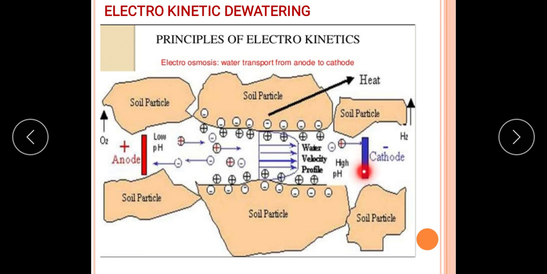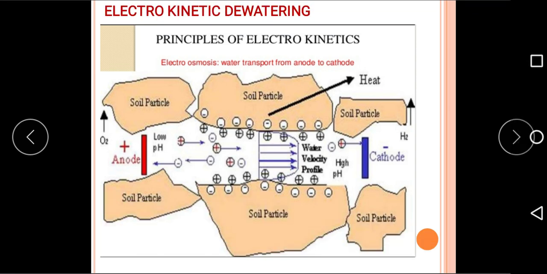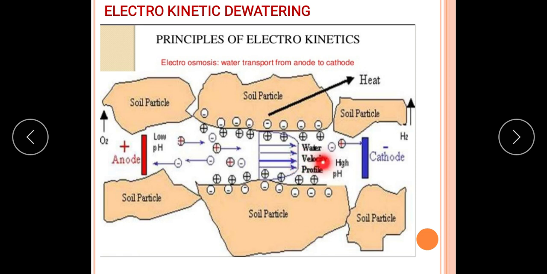The cathode may be made up of a steel bar, maybe perforated. When you apply the electric current, water molecules start moving towards the cathode. You can see the water velocity profile here. The H plus ions are attracted by the cathode, so the water starts moving towards the cathode.